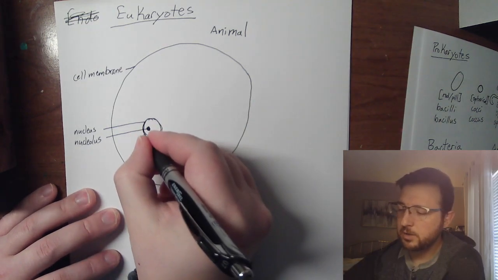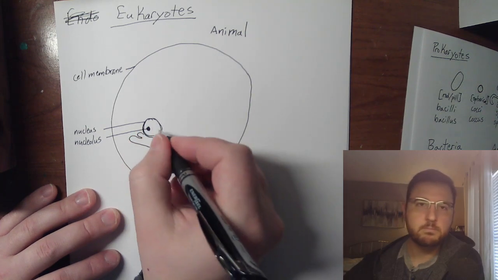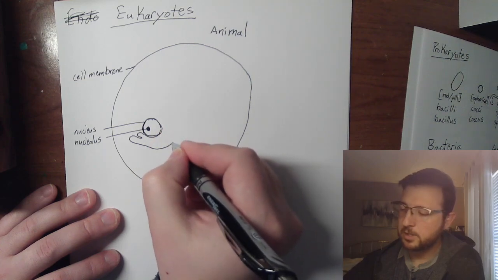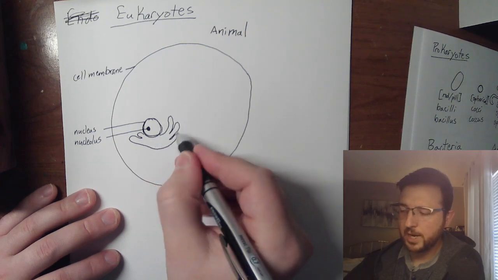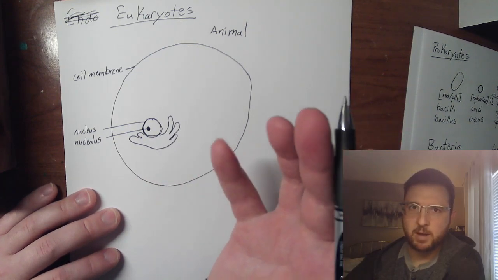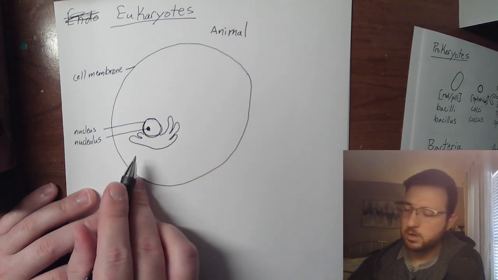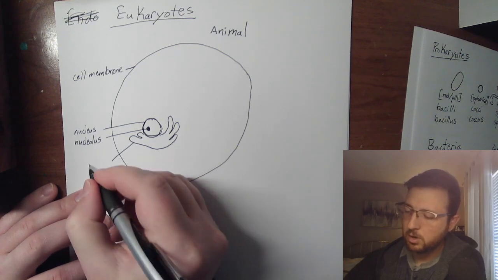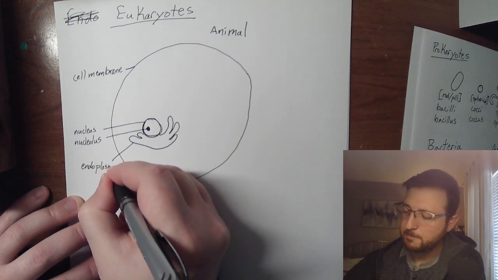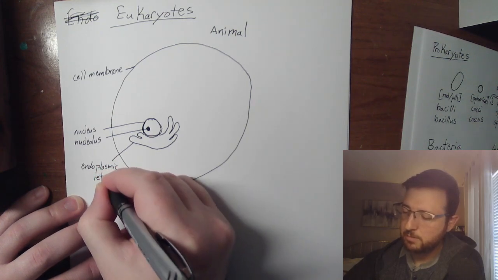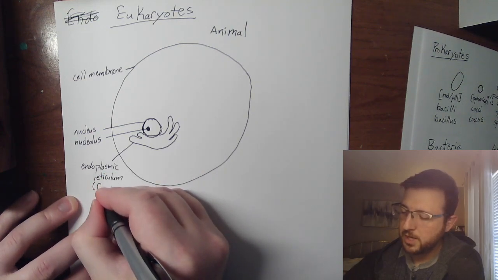Now, eukaryotes also have this other thing surrounding their nucleus, and it's kind of this crazy foldy type of organelle. So it kind of looks like a hand grabbing something. You just kind of draw back and forth different layers around the nucleus. This is called the endoplasmic reticulum, or we can just call it the ER.